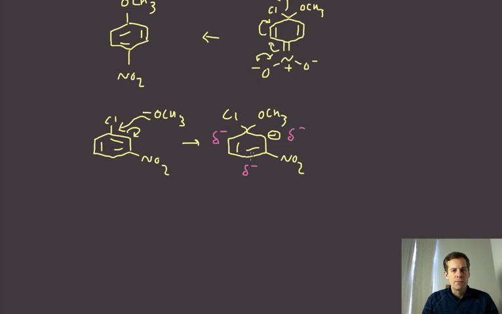So those 3 carbons would feel that anionic charge, but none of those are stabilized by resonance by the nitro group, and so it's just pretty much going to feel like an allylic anion, or an anion that's part of this 5 p orbital system. Okay, so there's nothing particularly great about that, and in this case methoxide isn't a strong enough nucleophile to make that happen. So that's why the meta reaction is not going to work.